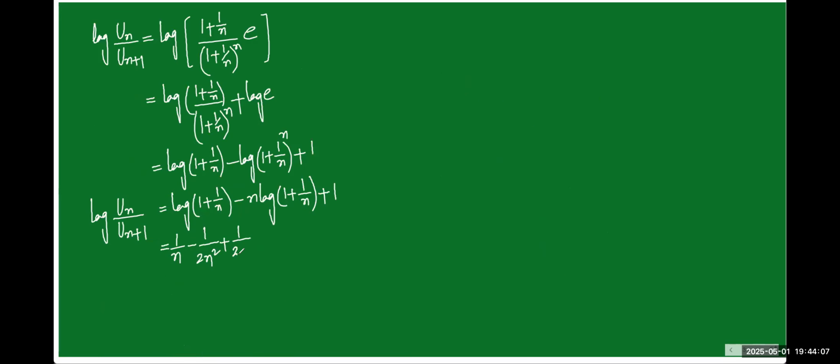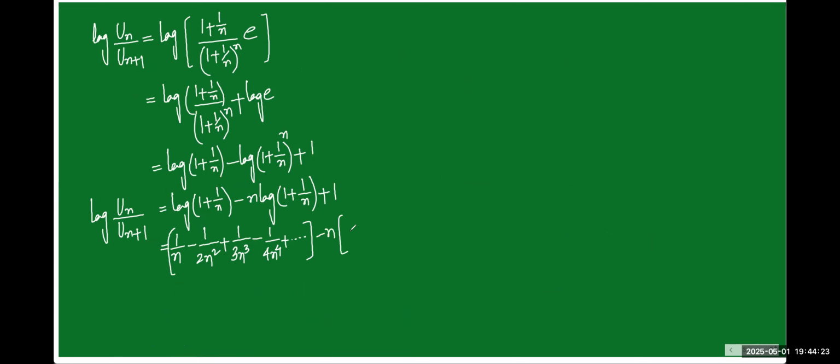So 3n power 3 minus 1 by 4n power 4 plus and so on. This bracket will be closed for the first expansion, minus n times.